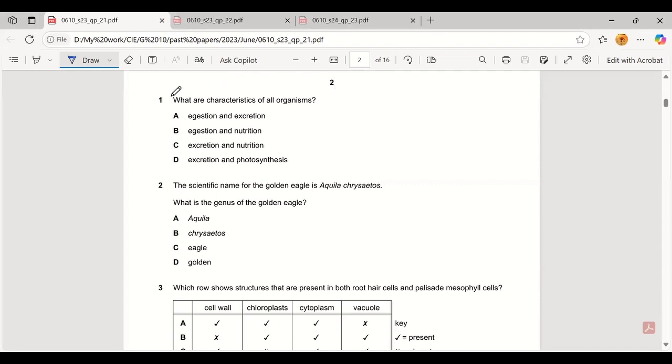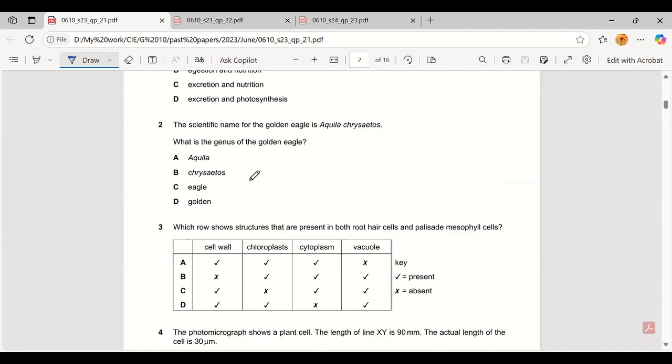Look, the first question was solved the previous time. The scientific name for the golden eagle is Aquila, something. What is the genus of the golden eagle? Yumna.